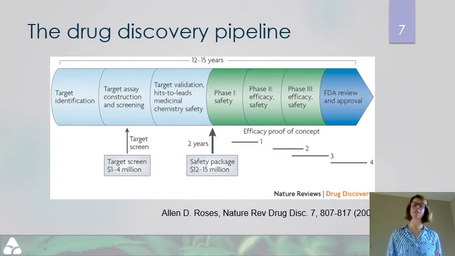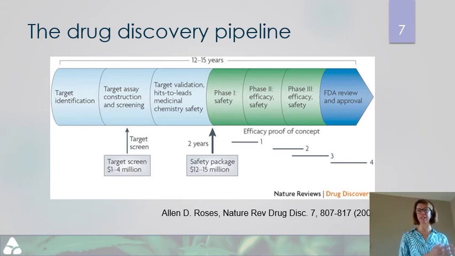Now, in cannabis-based medicines, that can be a little bit shorter. So if we consider the story of Epidiolex, the purified CBD medicine, which is now licensed for patients that have rare forms of epilepsy, that entire drug discovery pipeline was actually a lot shorter because it started really with phase 2 trials.